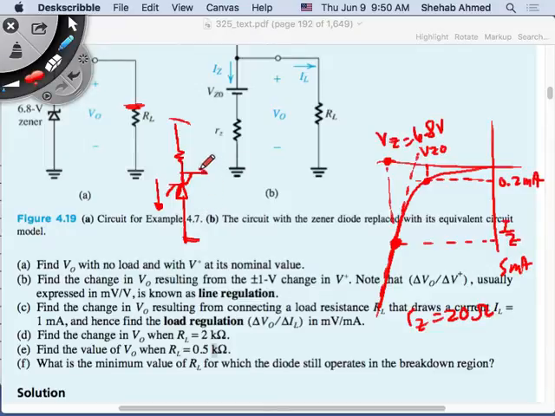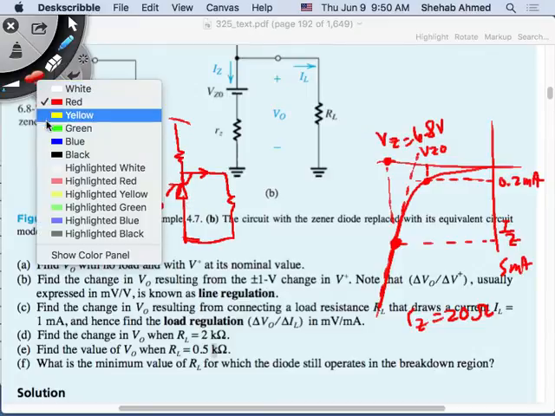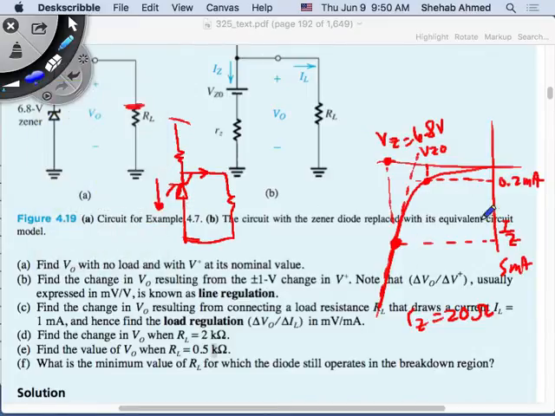Now you connect the load. What will this load do? It will draw some of the current, which means what will happen to the current in the Zener? It will decrease, right? So if it decreases, how is it performing here? It's going to go up this curve, right?